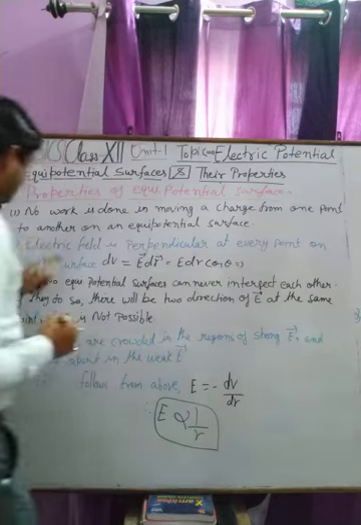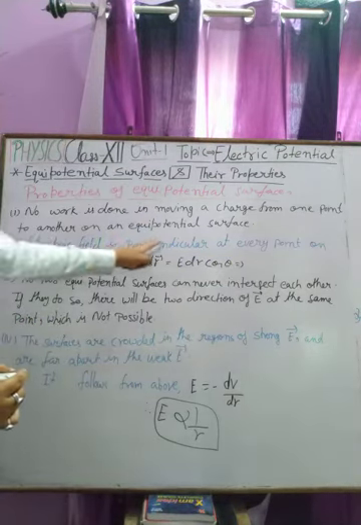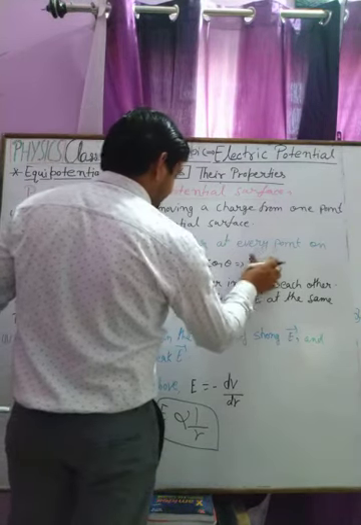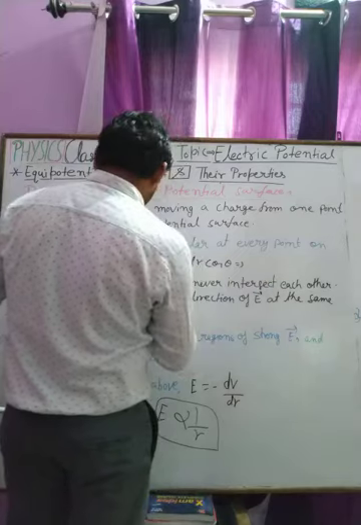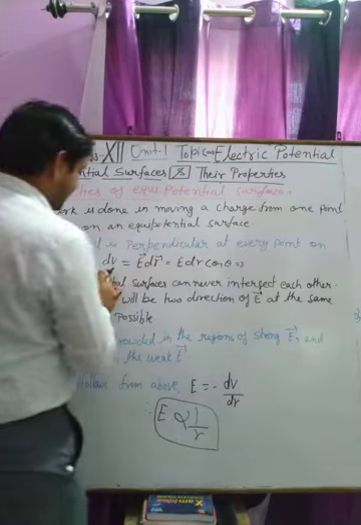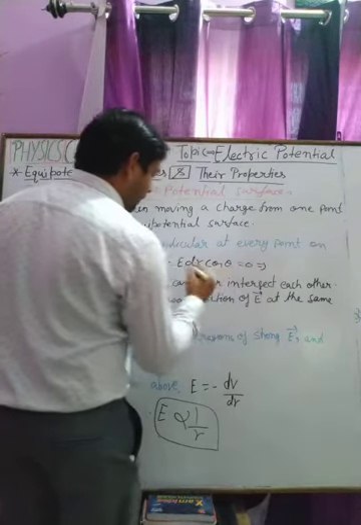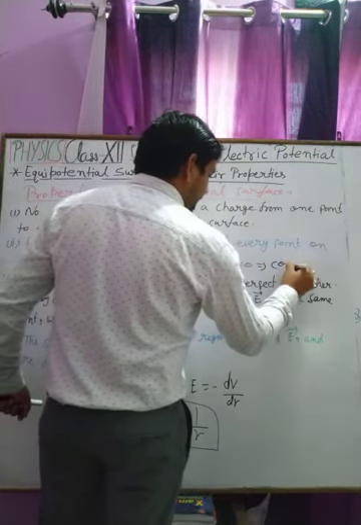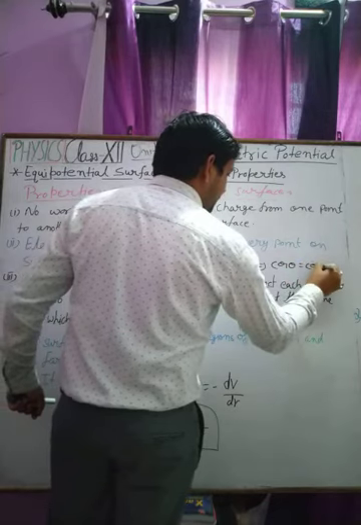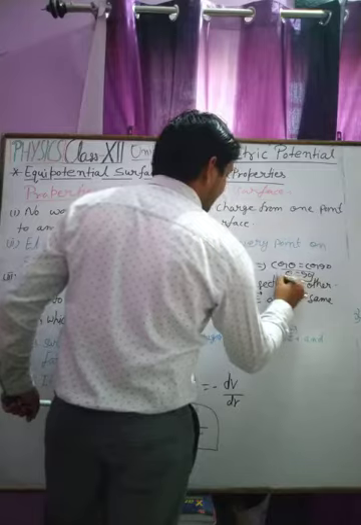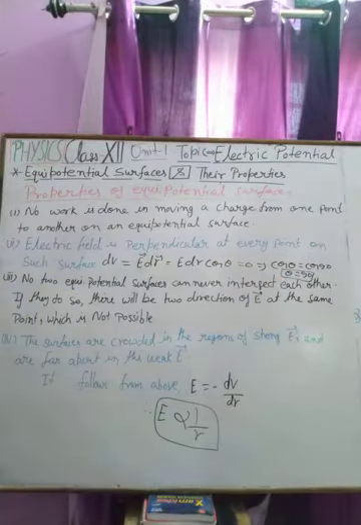Because the electric field is perpendicular to the surface, the potential difference on the surface is 0. Therefore cos theta is equal to cos 90 degrees, so theta is 90 degrees. This is a small proof that the electric field is perpendicular to the equipotential surfaces.